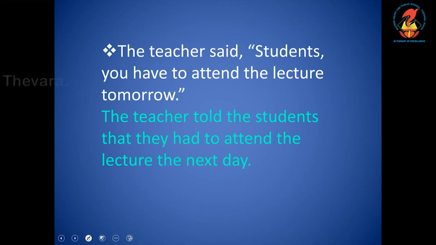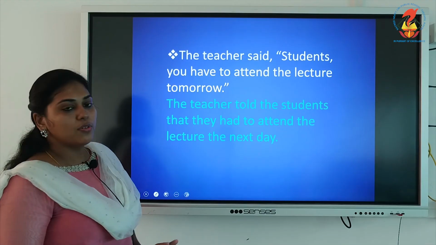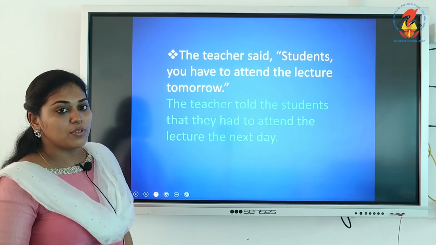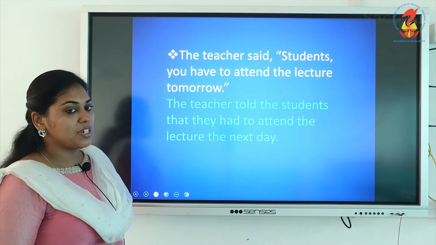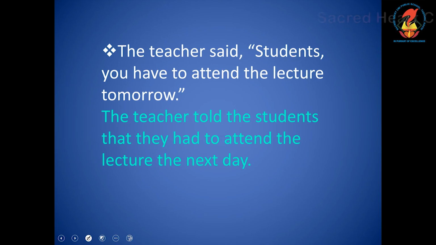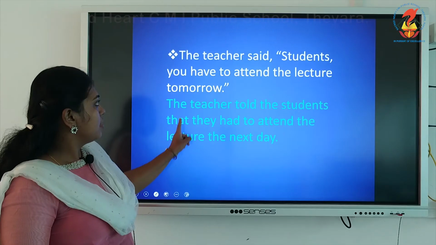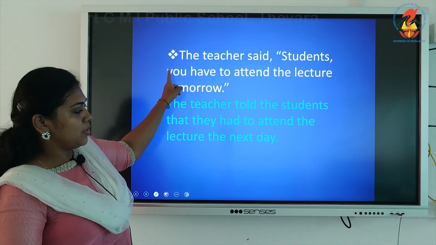The teacher said, "Students, you have to attend the lecture tomorrow." How will you write the sentence into indirect speech? The teacher has already addressed whom she is speaking to. It is written students, right? So the teacher told the students that you should be changed to they, because it is students.